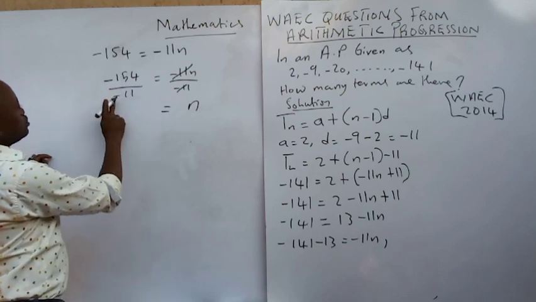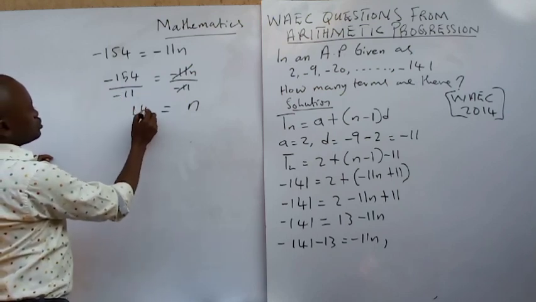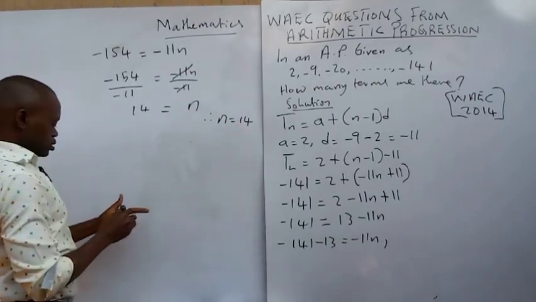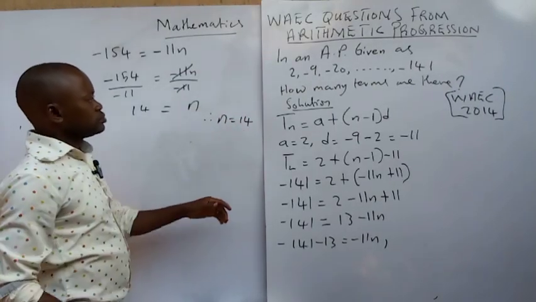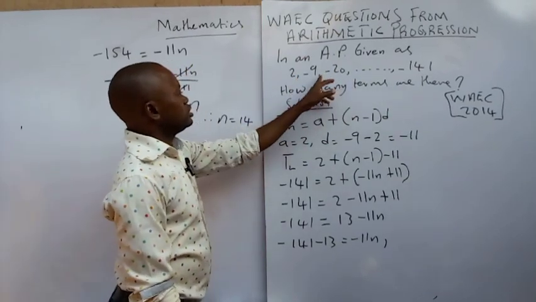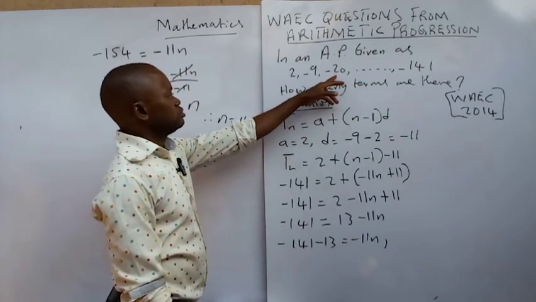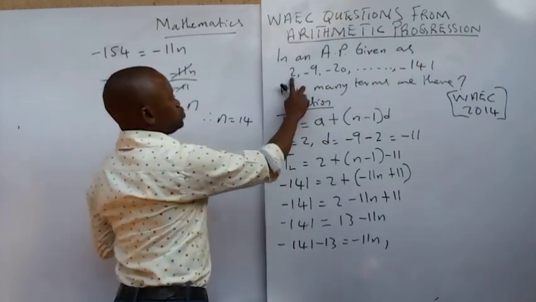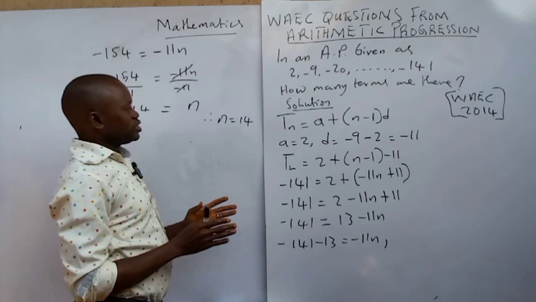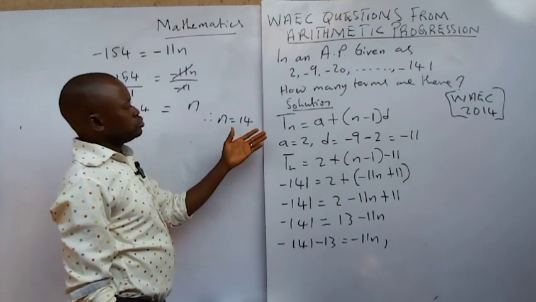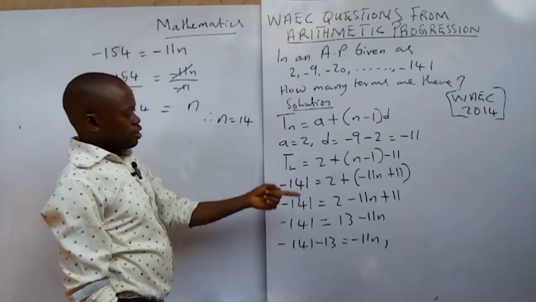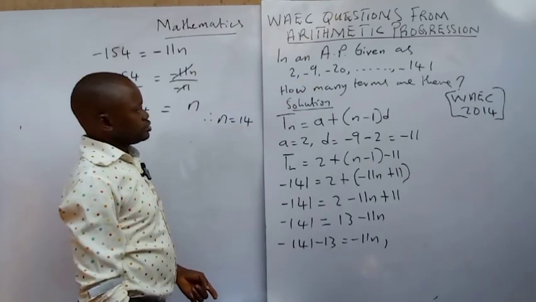So negative will cancel negative, and then we'll have 14. That means therefore that n is equal to 14. The implication is that if you count from here and keep on going, there are 14 terms in between from these two to this place. I'm sure that explanation is well understood. So this is how to use this mathematical expression to solve a typical problem like that.